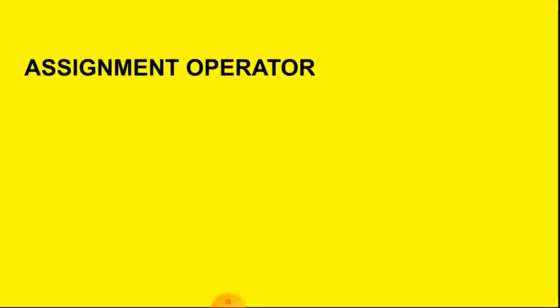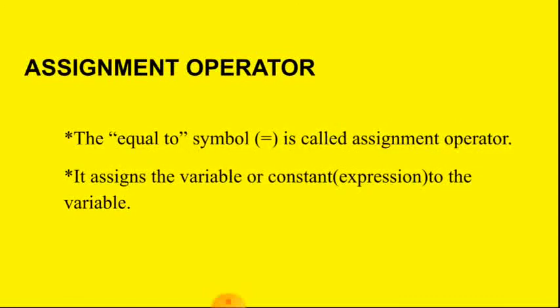Next is assignment operator. The equal to symbol is called assignment operator. It assigns the variable or constant to the variable.